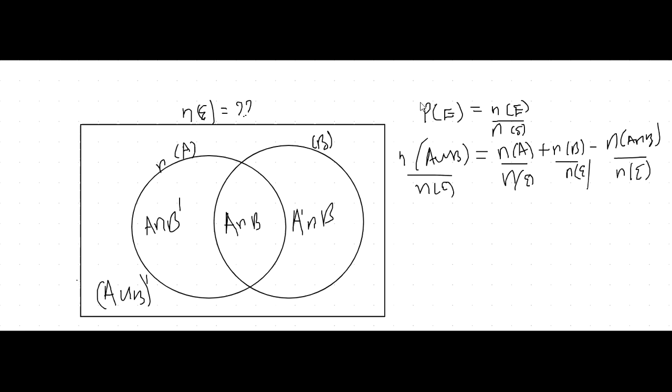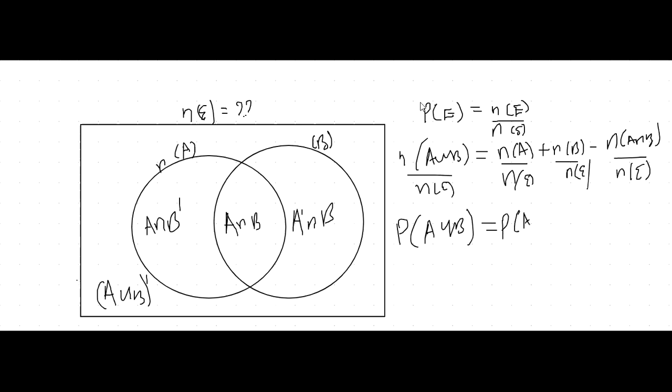When we get number of A union B and divide that by number of the universal set, this gives us probability of A union B. When we get number of A and divide it by the number of the universal set, this gives us probability of A.